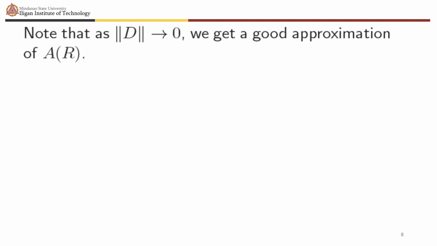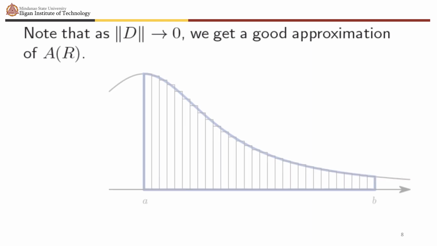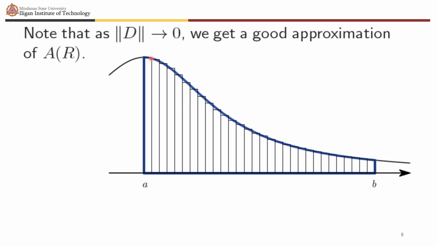Note that as the norm D approaches 0, we get a good approximation of the region. Meaning to say, if you make as many rectangles as you can, notice that you have lesser value here, so that you'll be able to approximate the area under the given curve.